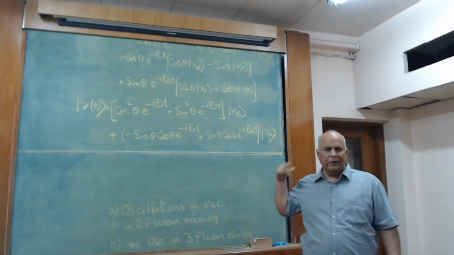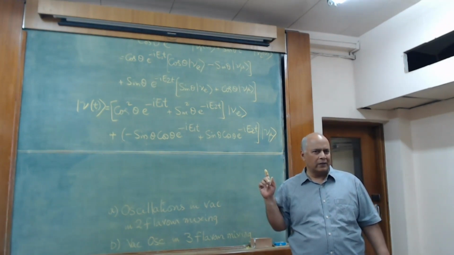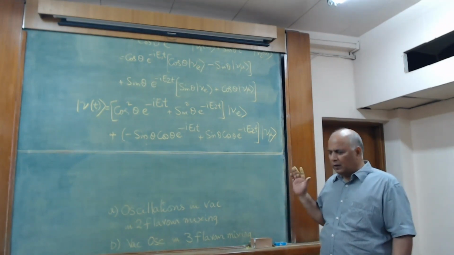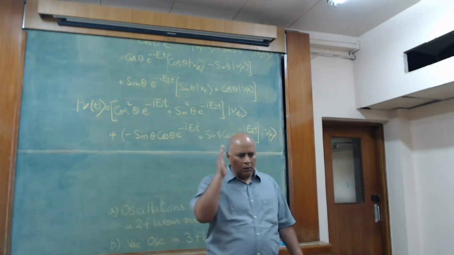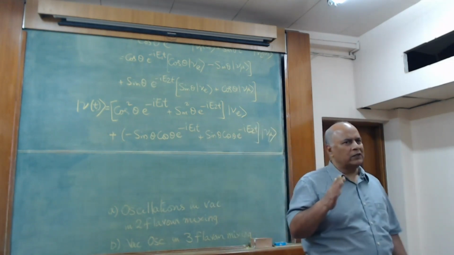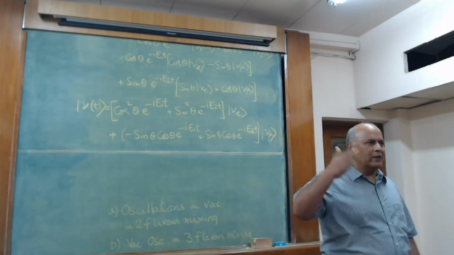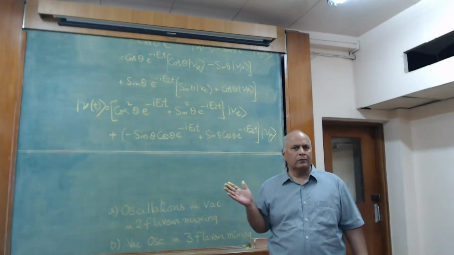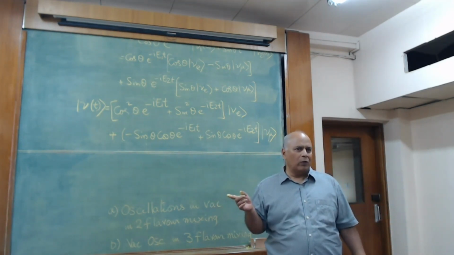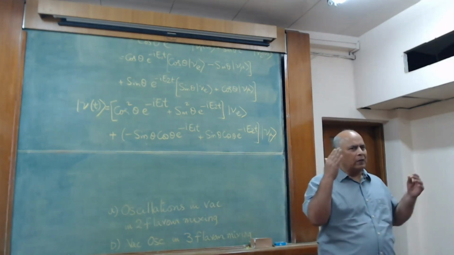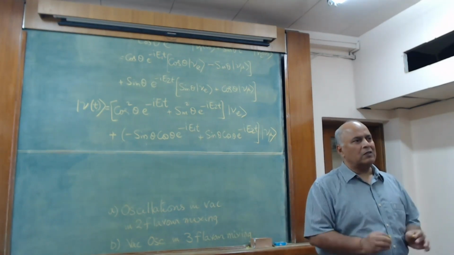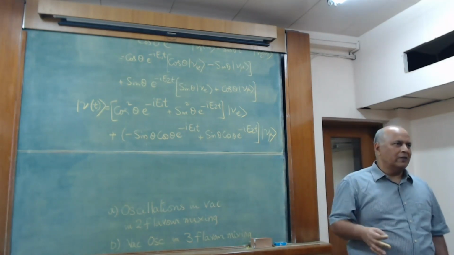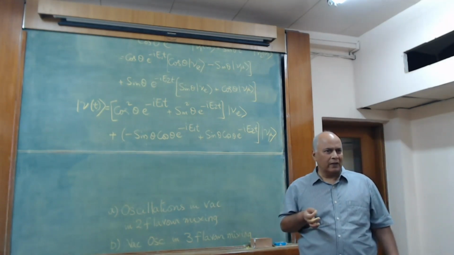So this point we discussed in the last class to some extent. If the particle is on mass shell, then it must have E square minus P square equal to M square. So if M2 is equal to M1, see, neutrino is being produced in a reaction, and we insist that energy is conserved in the reaction and momentum is conserved in the reaction.